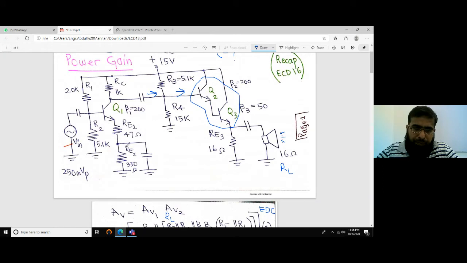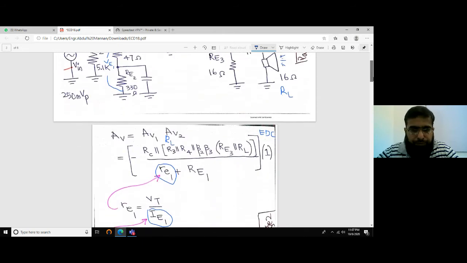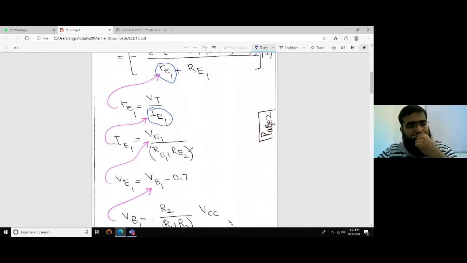To find this DC IE, we must know VE1, the voltage drop across the two resistors. This voltage is VE1, the voltage of the emitter terminal with respect to ground. The voltage drop across both these resistors, RE1 and RE2, divided by this sum, RE1 plus RE2, gives us IE1. But VE1 is unknown.